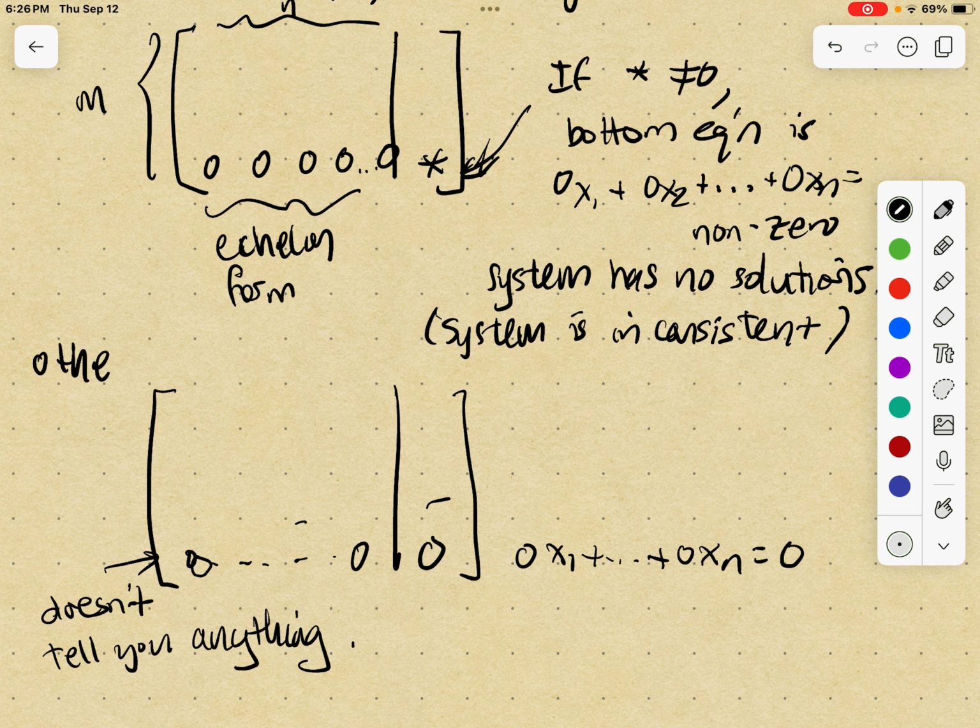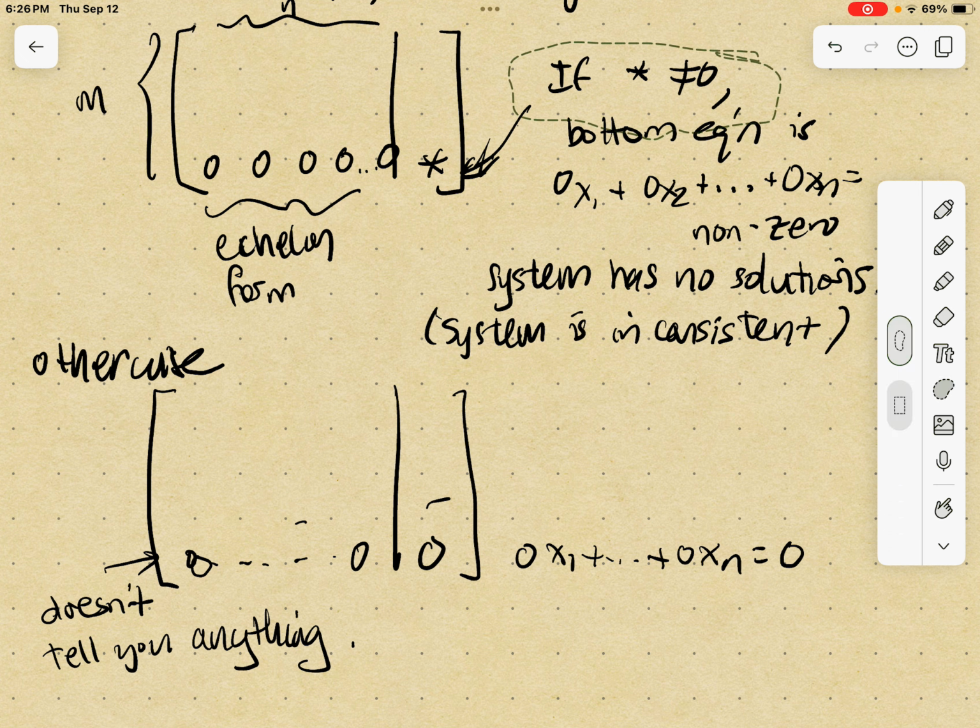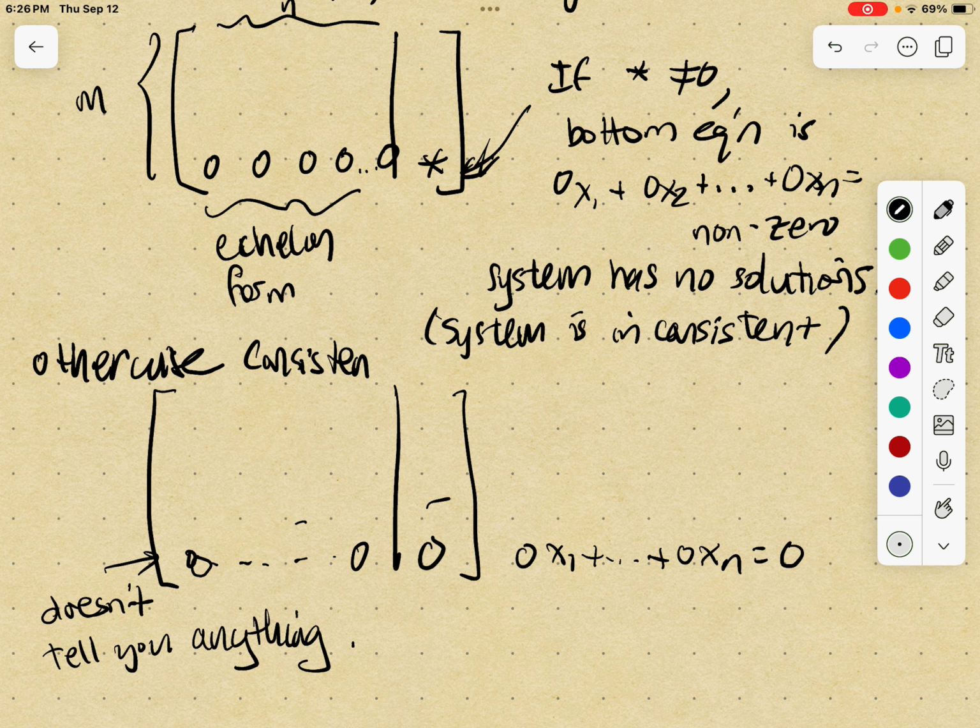So otherwise, to continue off what we were talking about here, if this star number is non-zero, then the system is inconsistent. Otherwise, the system is consistent. And then the question is, how do you tell if the system has one solution or infinitely many solutions? And what you're looking for are free variables.